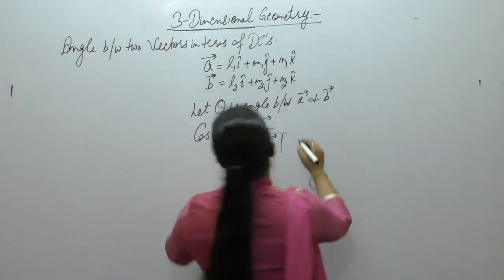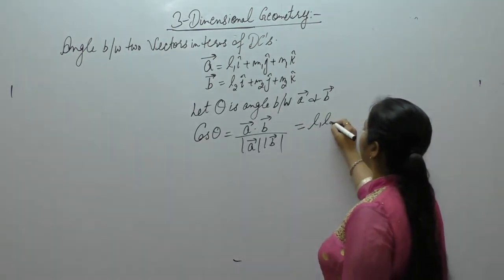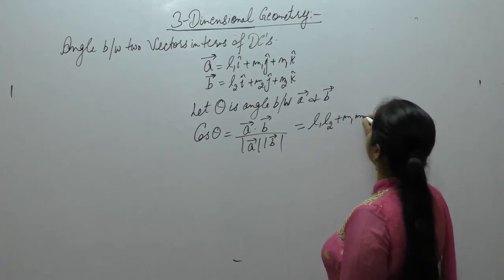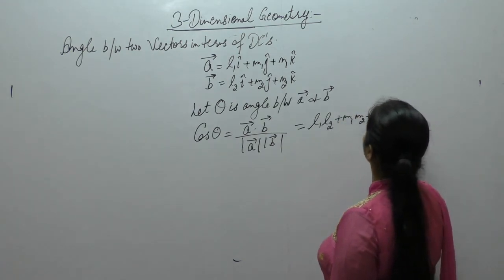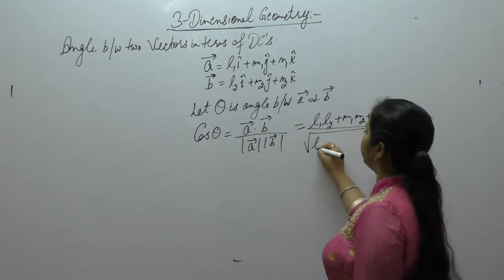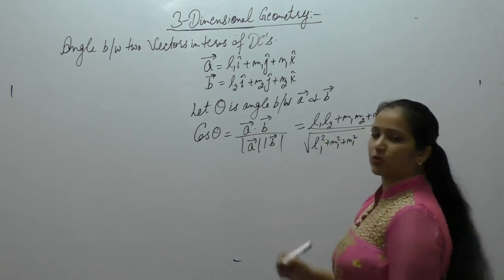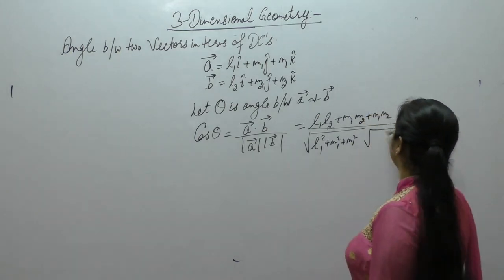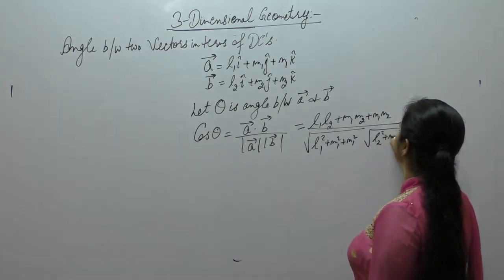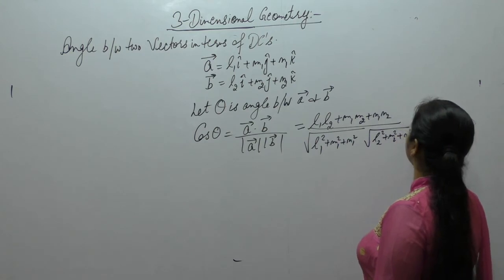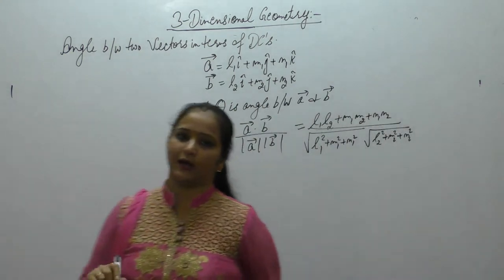If we take the dot product, then we get L1 L2 plus M1 M2 plus N1 N2 upon the magnitude of A vector, that is square root of L1 square plus M1 square plus N1 square, and similarly the magnitude of B vector is square root of L2 square plus M2 square plus N2 square.